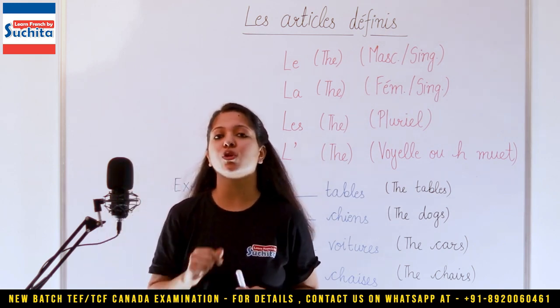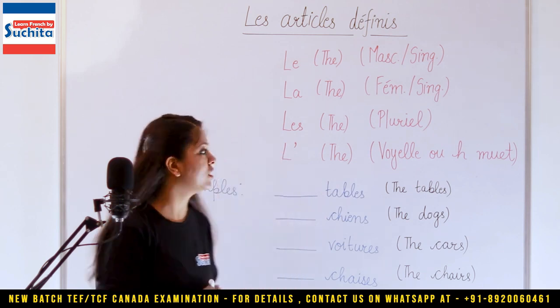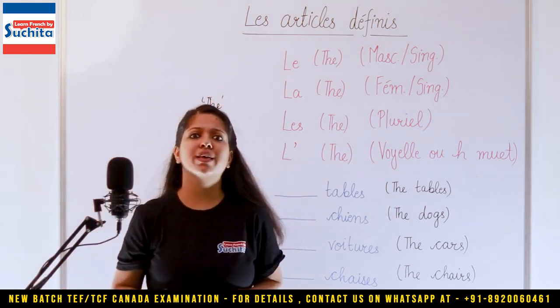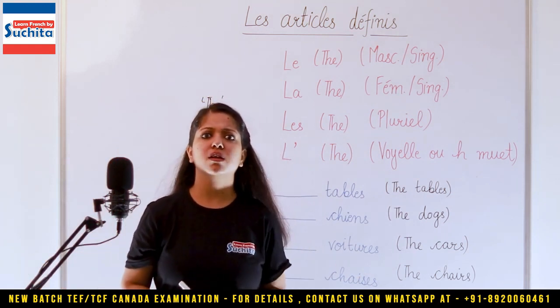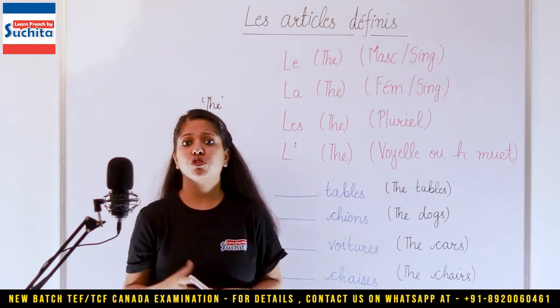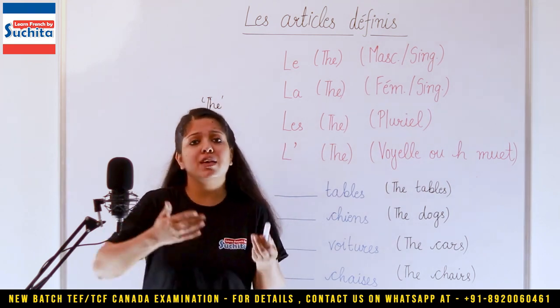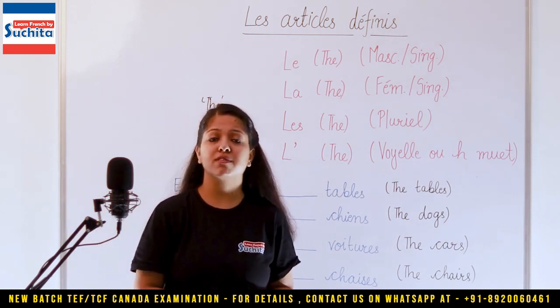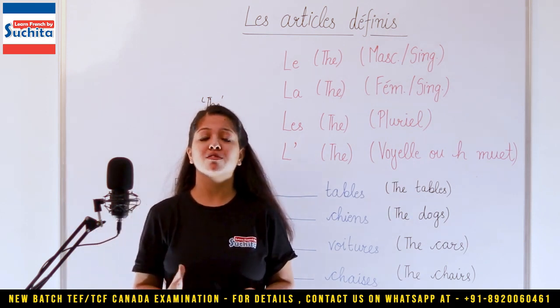Now in English, there is only one definite article, and that is the. If you want to say the book, the chair, the table, the clock, the fan, the room, you just have one way of saying it. Even if something is plural, let's say the pens, the markers, even then we say the. There's no difference.